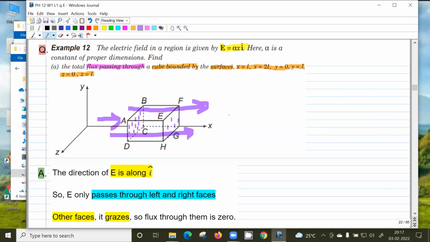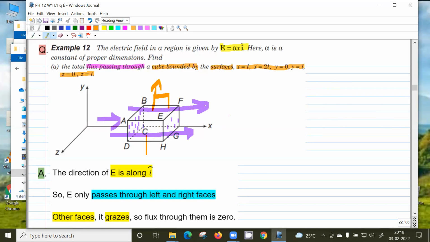But the area vector, we don't know. For a closed figure, the convention is that the outward normal is the area vector. For the top face, the area vector is the outward normal. The angle between the area vector and the electric field is 90 degrees, and cos 90 is 0.